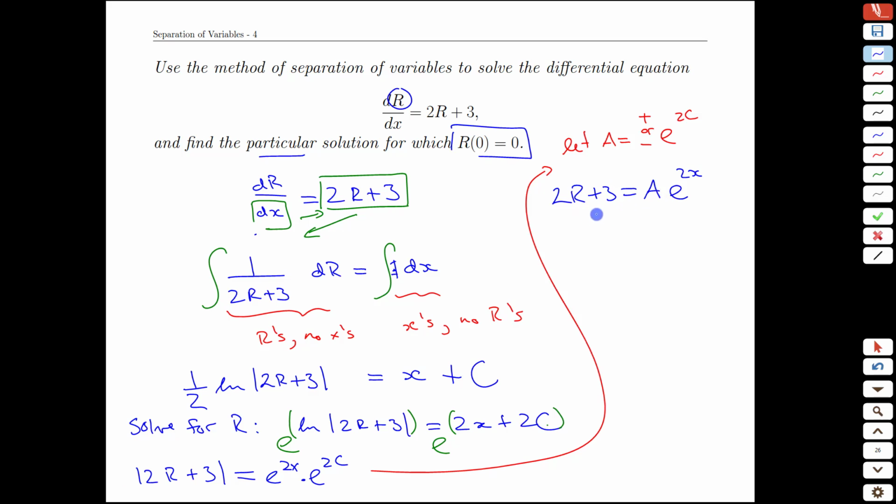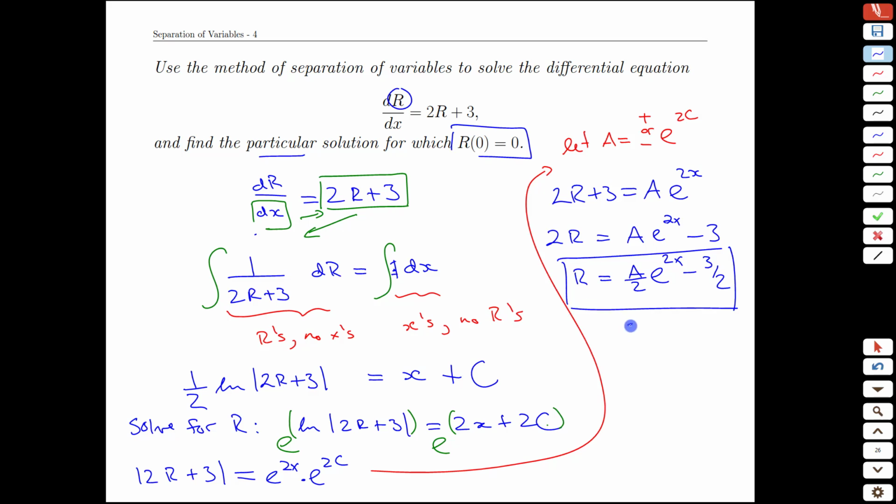Notice this is marginally more complicated than last time, but we're still just solving for r. 2r will equal a e to the 2x minus 3, bring the 3 over, and then we divide by 2. A over 2 e to the 2x minus 3 halves. And that is our general solution to the differential equation.